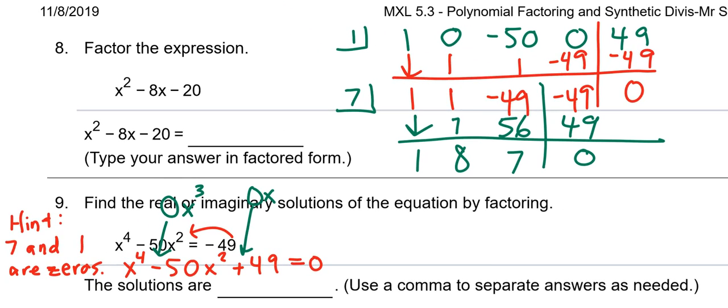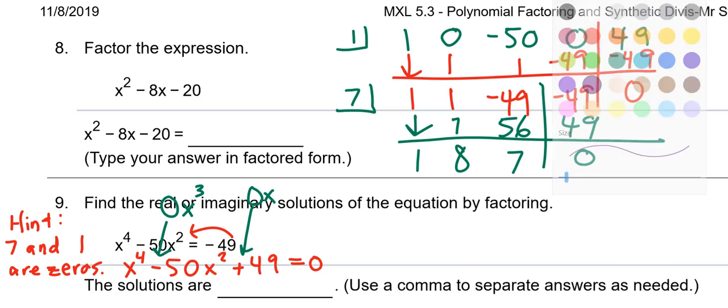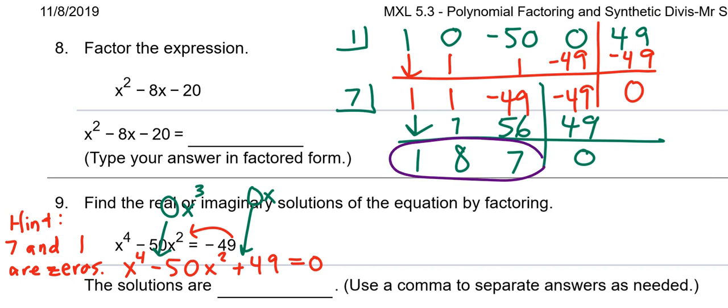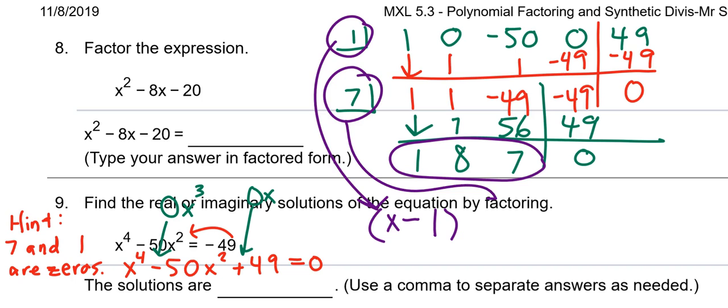Okay, now, the question I have is, what did I find down here? Now, we already know the factor for 1. What's the factor for 1? X minus 1. We already know the factor for 7. What is that? X minus 7. Okay, what is this thing over here?